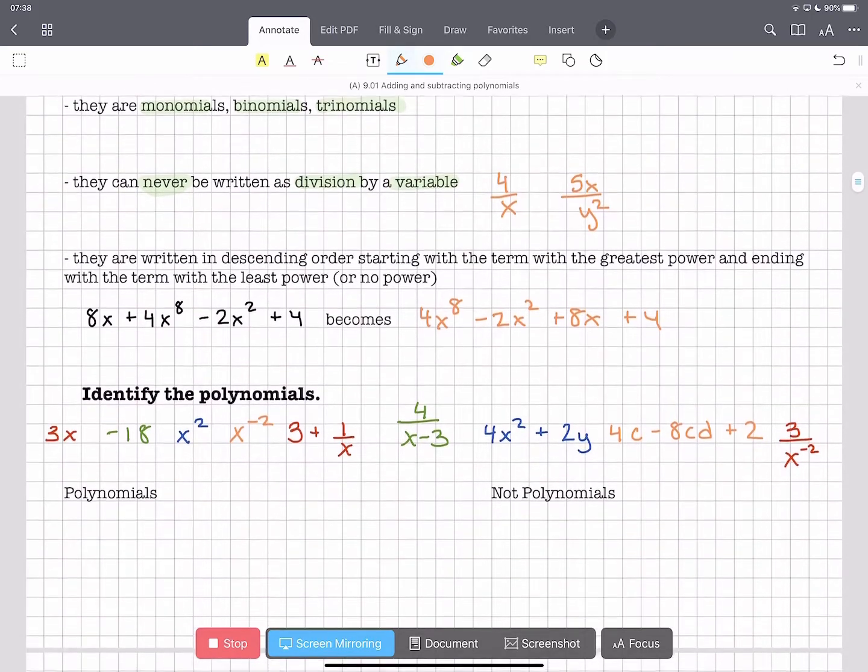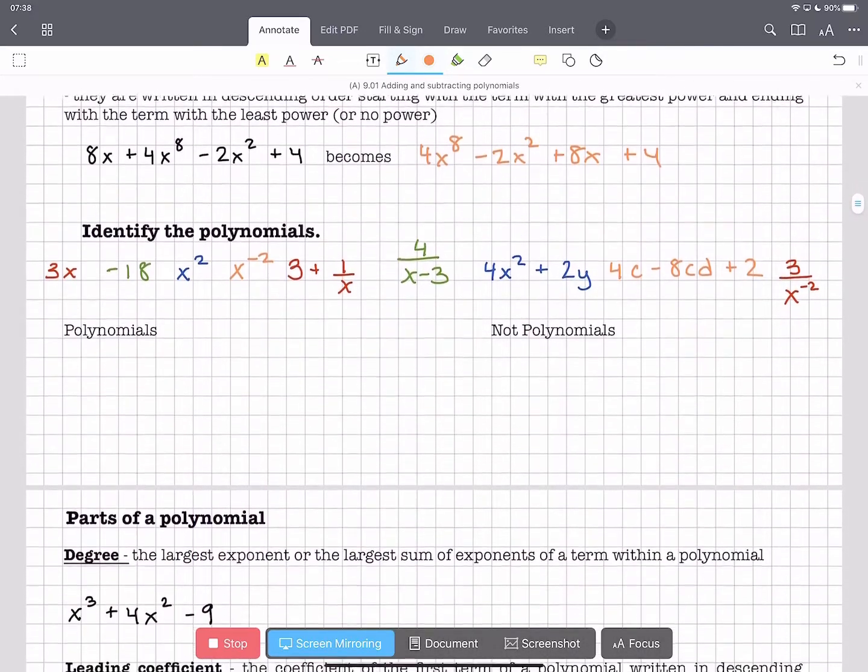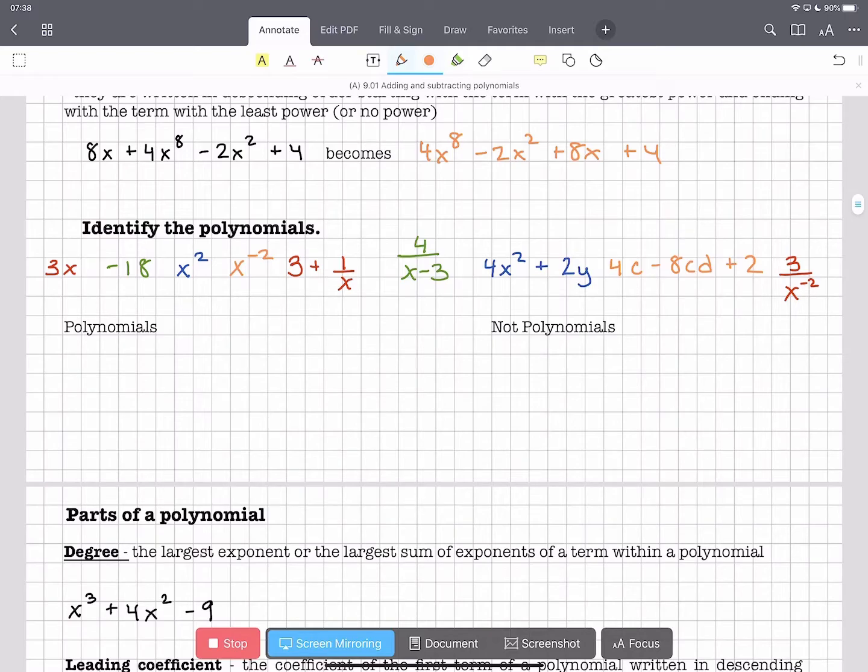Okay, let's see if we can identify the polynomials from the non-polynomials in this group that I have here. So the first value we're going to look at is 3x. Well, 3x is a product of a constant and a variable.